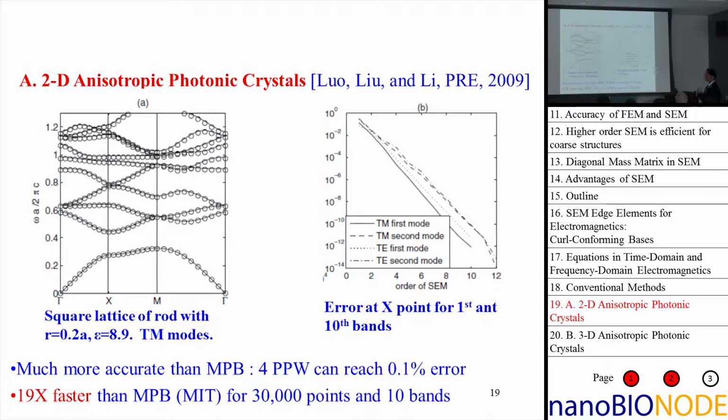In fact, you can achieve much more accurate results than the MPB, the MIT package. With only 4 points per wavelength sampling, we can reach error smaller than 0.1%. And for this two-dimensional example, we show that it's 19 times faster than the MIT package, with a photonic bandgap structure with more than 30,000 points in the bandgap structure.